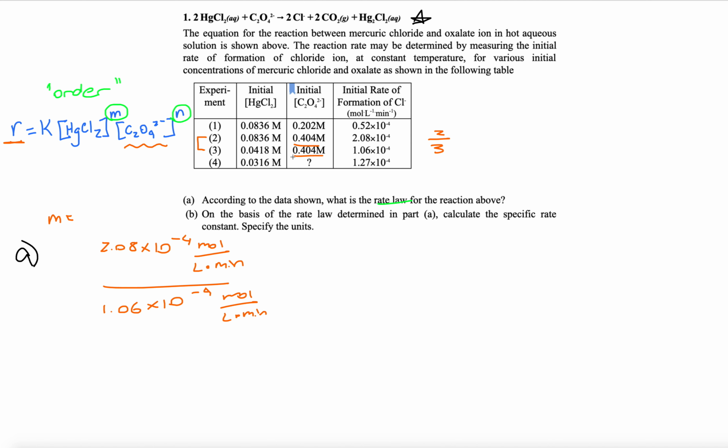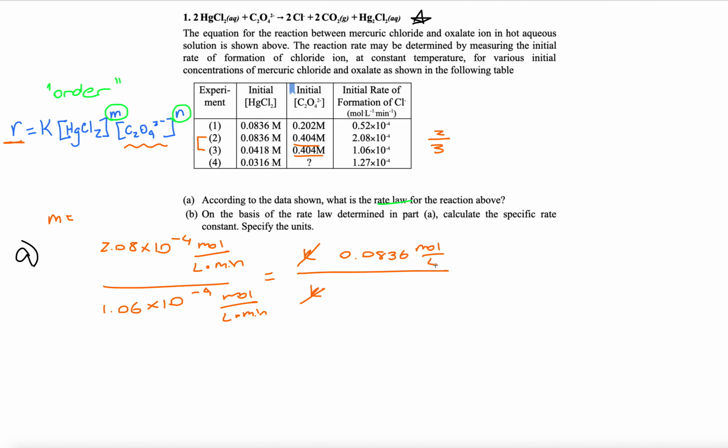It's to cancel out the C2O4, and we did 2 divided by 3 because we want a whole number. So from there, we're going to have our K value, but we're also going to have the K value on the bottom. Hint, hint, it's going to cancel out. The HgCl2 concentration for experiment 2 is 0.0836 moles per liter.